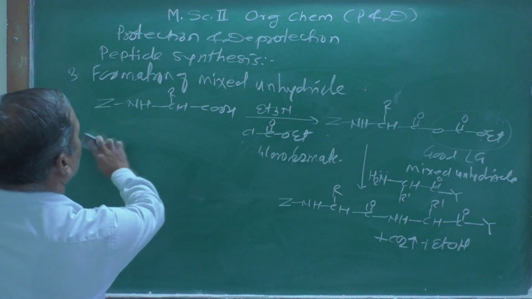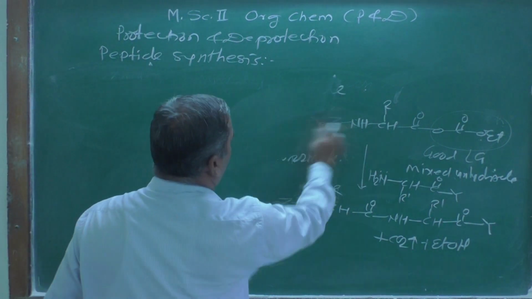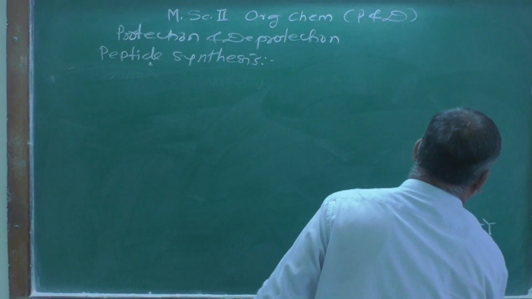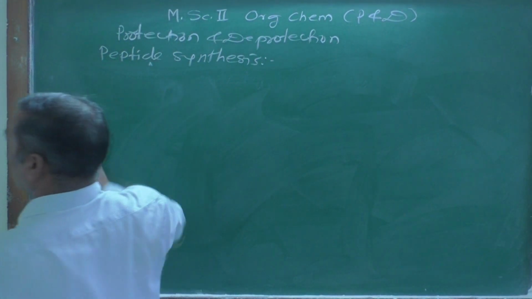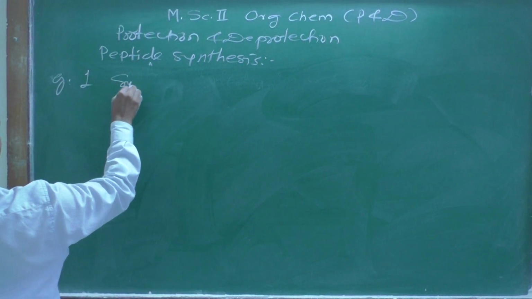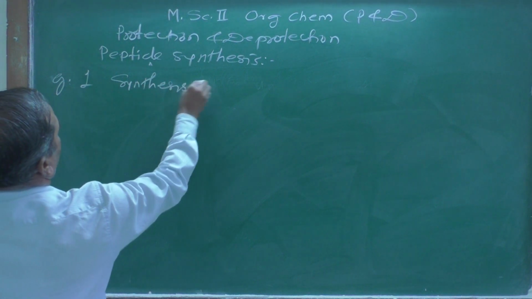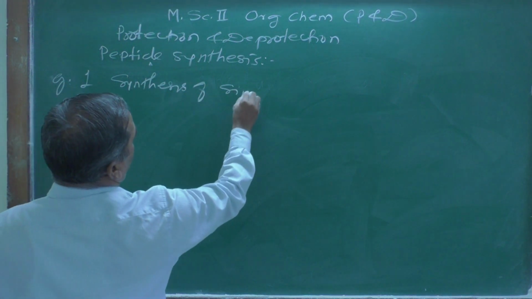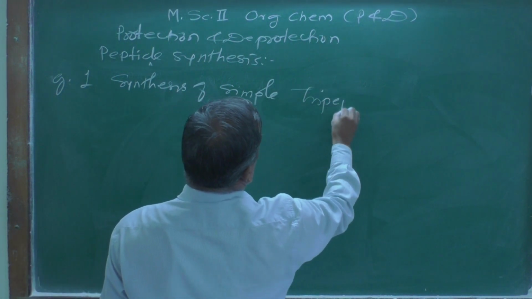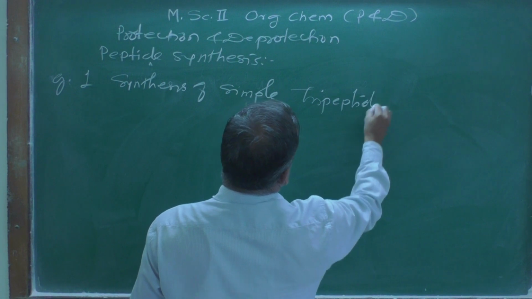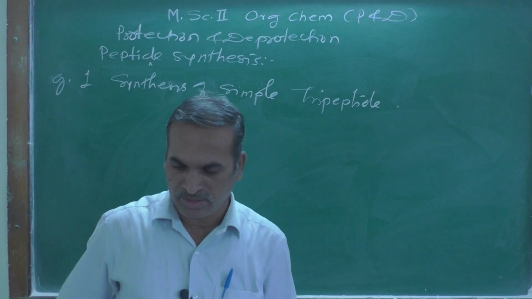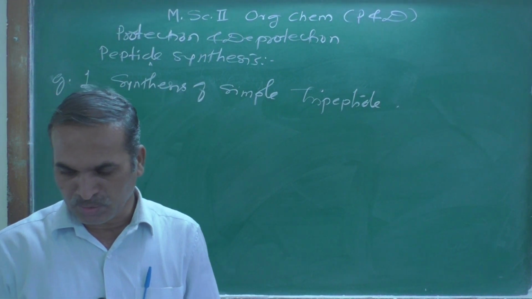Now let us see the synthesis of a simple tripeptide. Tri means 3 amino acids get condensed together. We are going to get this one.